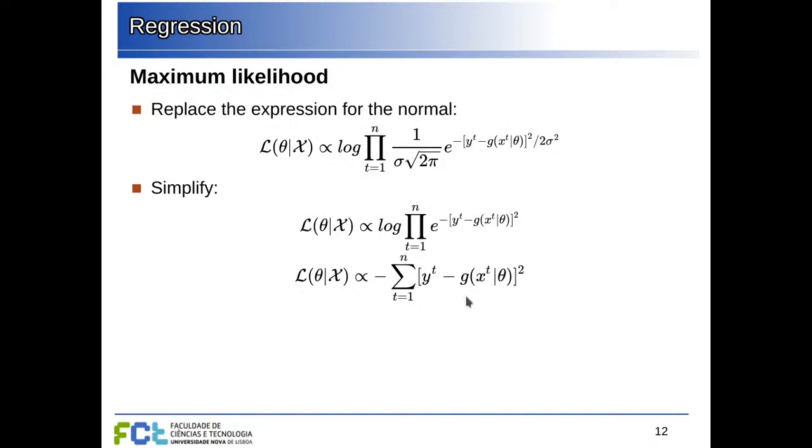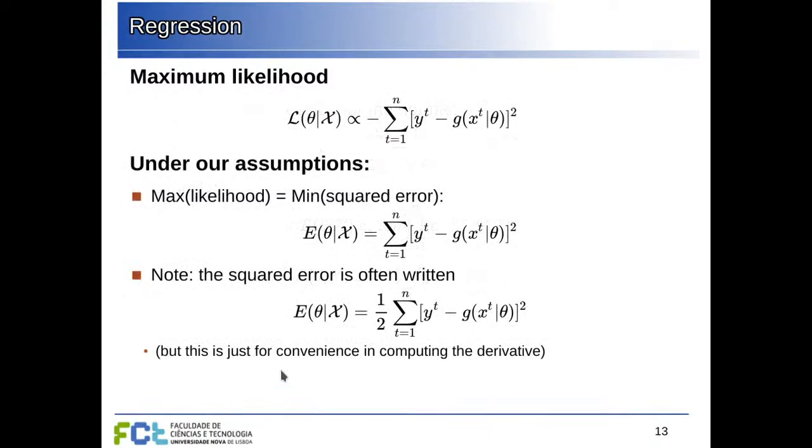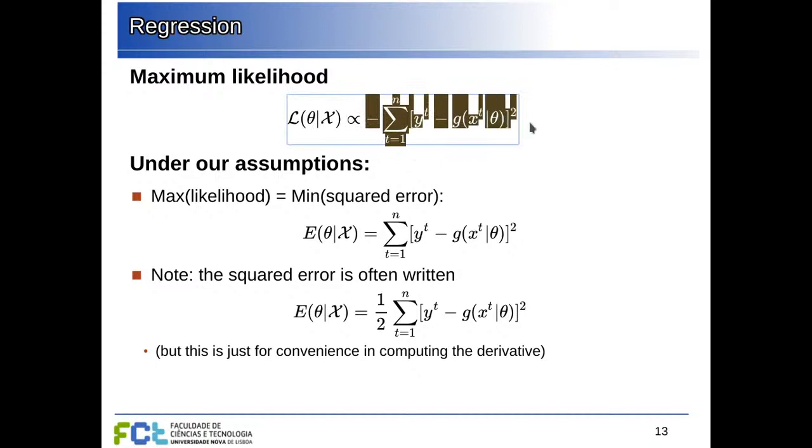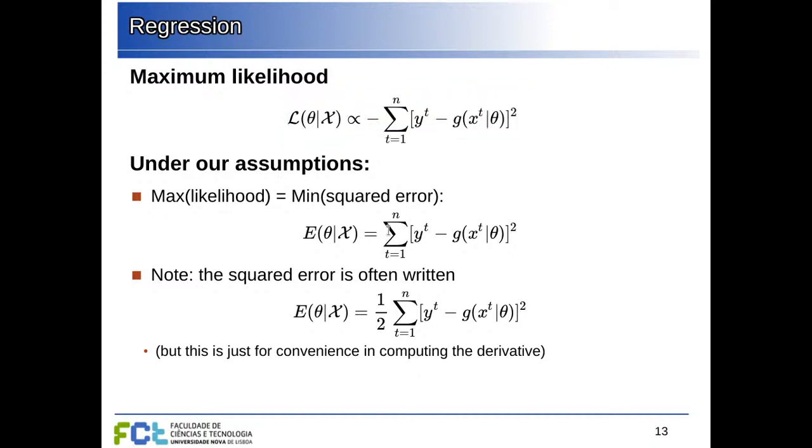And if you see, what we have here is the quadratic error. So basically, maximizing minus the sum of this is the same as minimizing this. So you just change the sign. Maximizing something with this sign, you change it and it becomes a minimization.